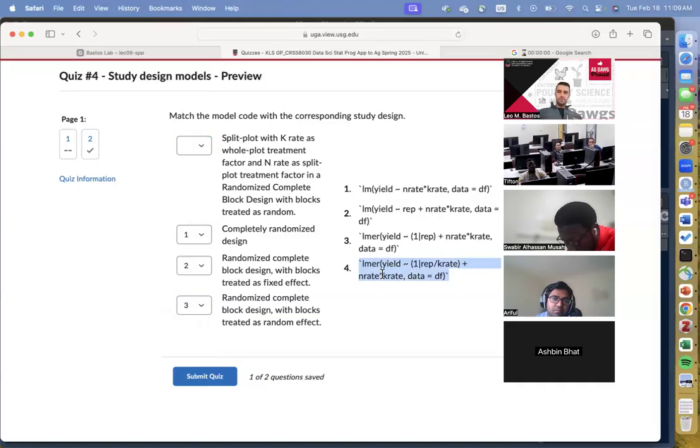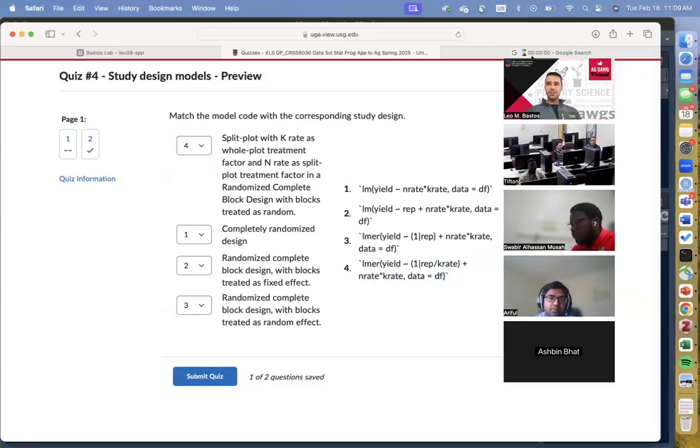The function LMER, and also the interaction between those two, and also being K rate nested under the block as a random effect, right? Yeah. Perfect. That was it for the quiz.